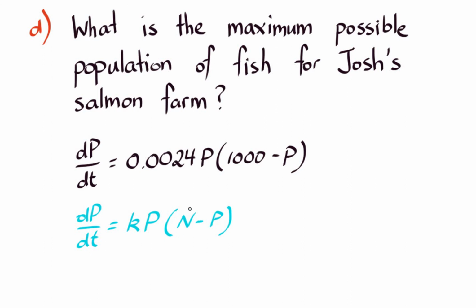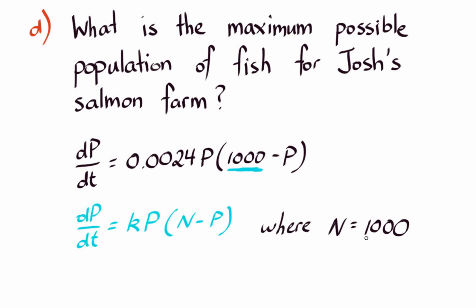And what did we say n is? Well, that is the limiting condition or the carrying capacity of a given population. And so we can link that to 1000. So we can see here that N, the carrying capacity, is 1000. So that's one way, a nice easy way to do it, to see what the maximum population is.